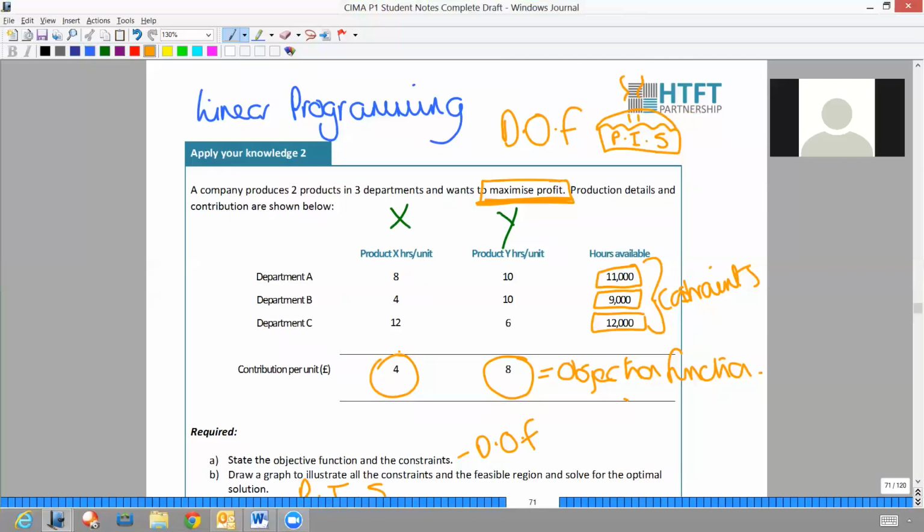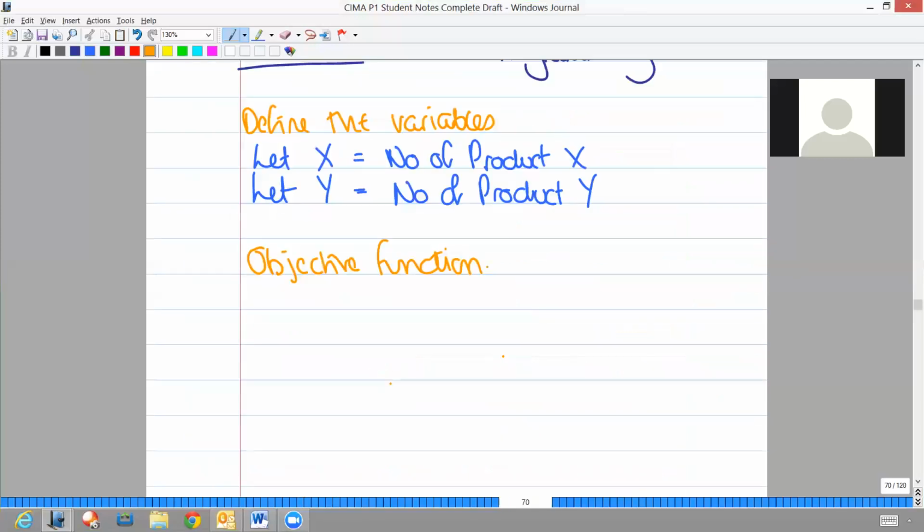So in other words, we get 4 for every x and 8 for every y. So we're going to make $4 contribution every time we make an x, and $8 contribution every time we make a y. And that is your objective function.